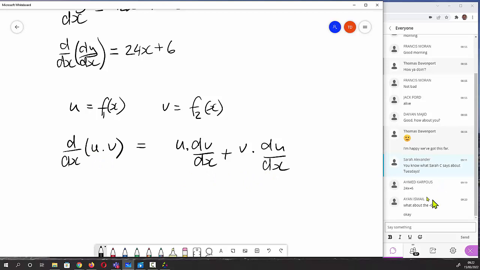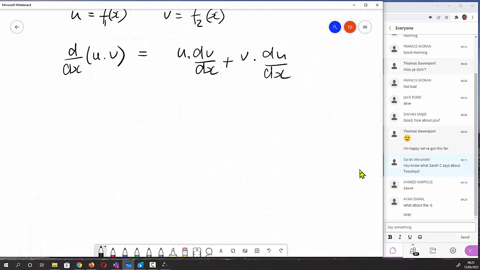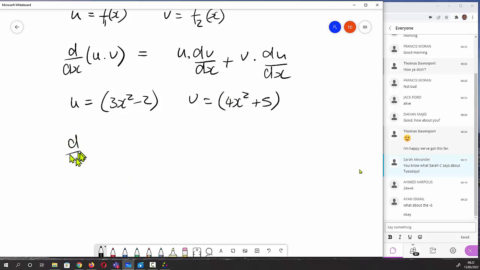So what I'd like to do now is have an example of that, and what I'm going to do is say that u is equal to 3x squared minus 2, and v is equal to, I don't know, 4x squared plus 5. Right, so now I'd like to do d by dx of uv.